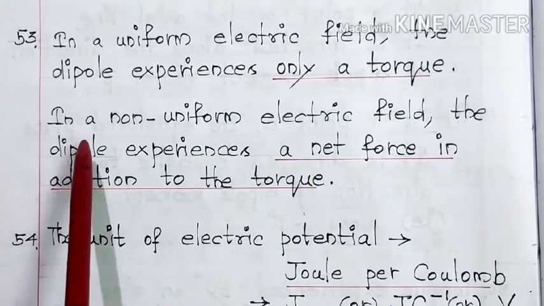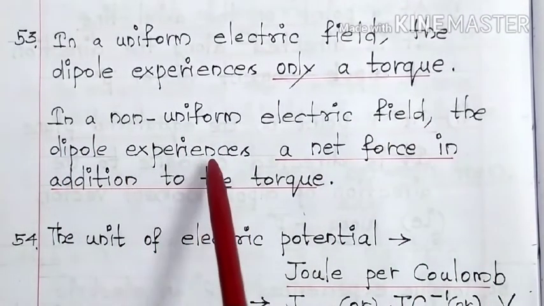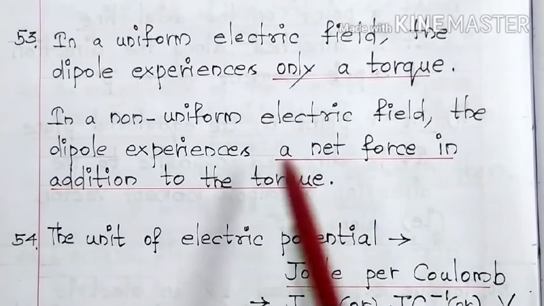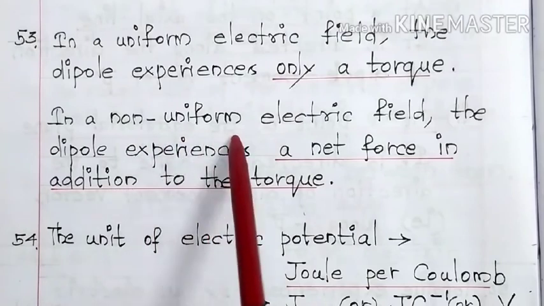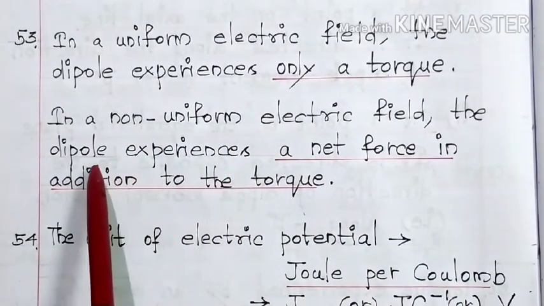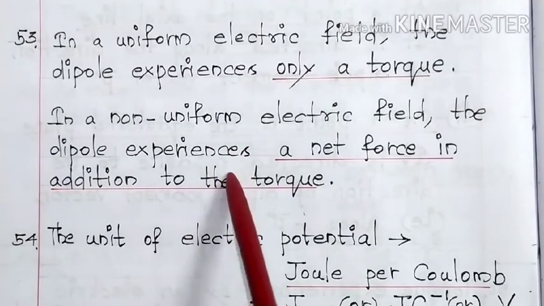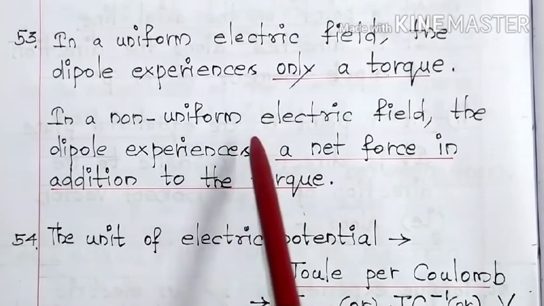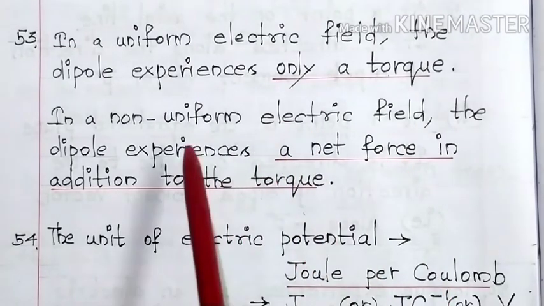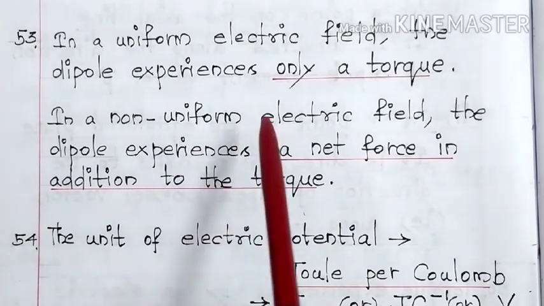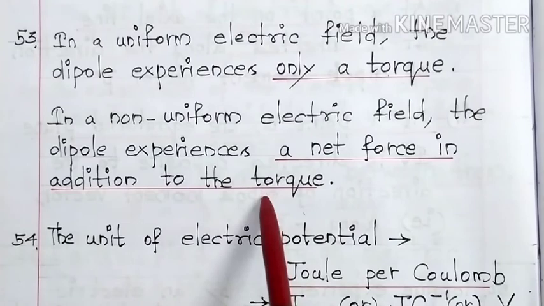But in a non-uniform electric field, the dipole experiences a net force in addition to the torque. So two types of forces are acting when a dipole is placed in a non-uniform electric field. One is a net force and another one is a rotating force called torque.